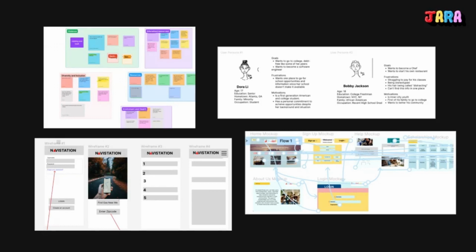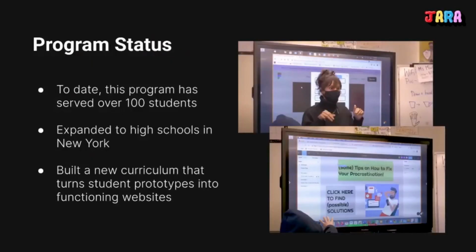And so someone was like, we need to build a gas app for our parents because I don't want to be stuck in the car with them any longer than I need to. So these are just a few examples of what they were able to create when they built the Figma prototype based on design thinking.